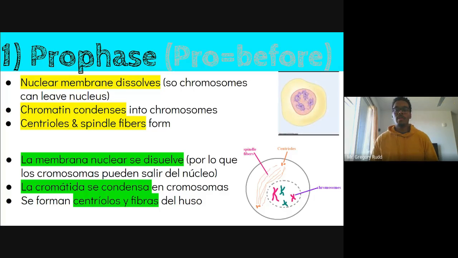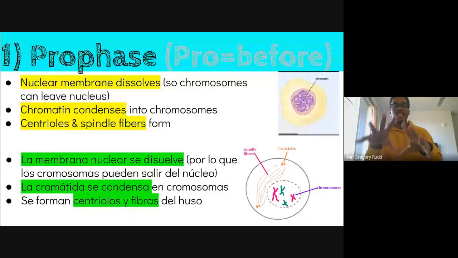Number one, the nuclear membrane needs to dissolve. So, of course, most or all eukaryotic cells have a nucleus, and that's the site of the genetic information. The nucleus provides protection for the chromosomes and the chromatin on the inside.